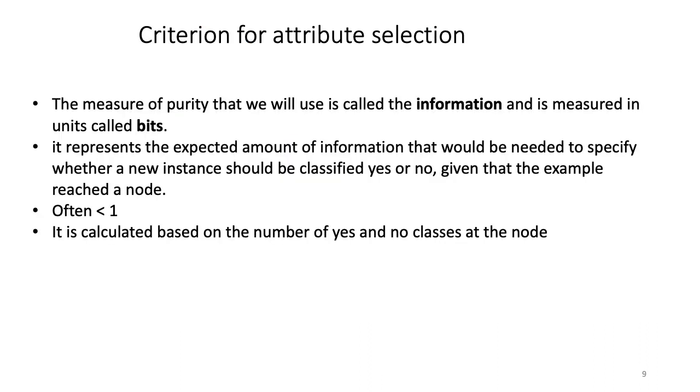But again, how can we measure this purity metric? So we use something called the information to measure that, and it is in a unit of bits. So the idea is we need to know how much information is expected to be needed to classify a new instance, to specify whether that instance belongs to class yes or no. So we want this amount to be as small as possible, right?